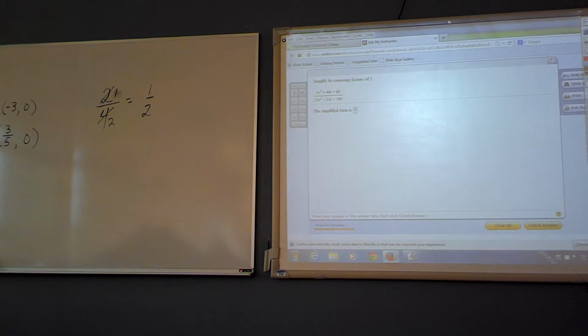Either reverse FOIL, or factor out a common term, or shortcuts. Do whatever you need to do, try to get them in terms of binomials, or two terms.